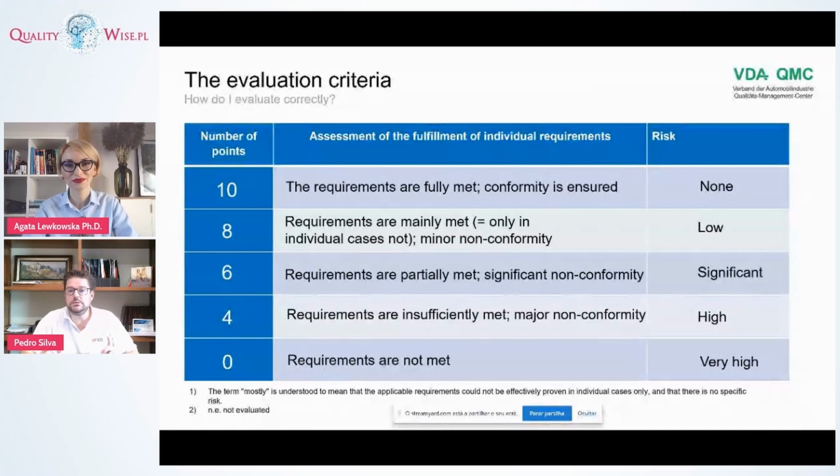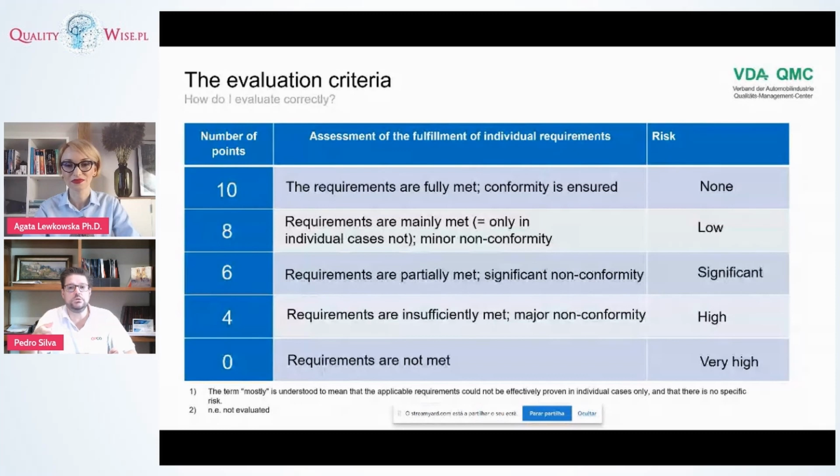Another important topic we didn't speak about: in VDA 6.3 we have the so-called star questions or asterisk questions. Forget that when you are classifying. You are classifying the findings, the evidence. So if it is a 4 or an 8, it's a 4 or an 8. I'm not worried whether it is a star question or not.